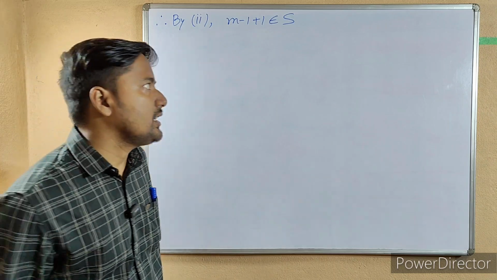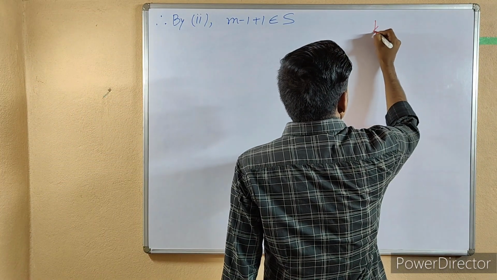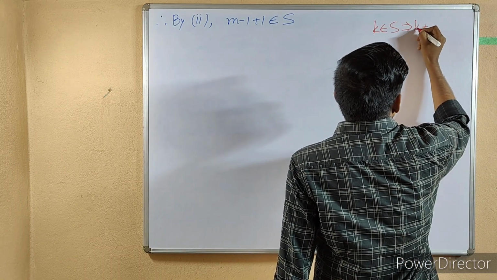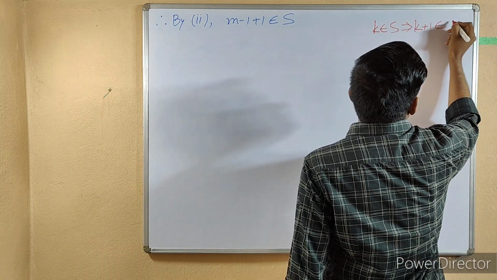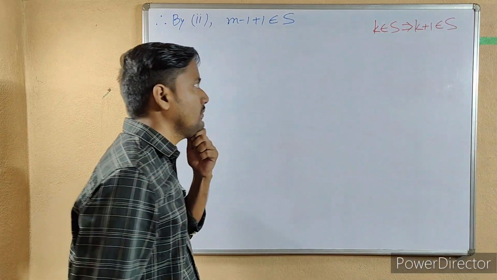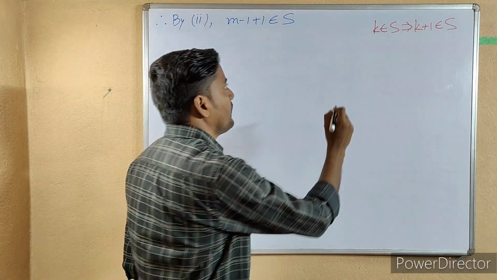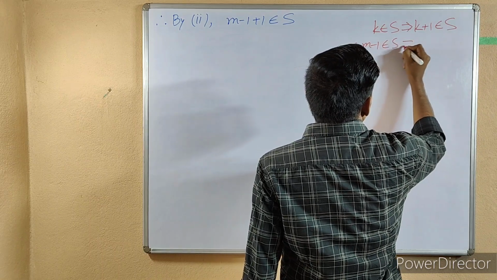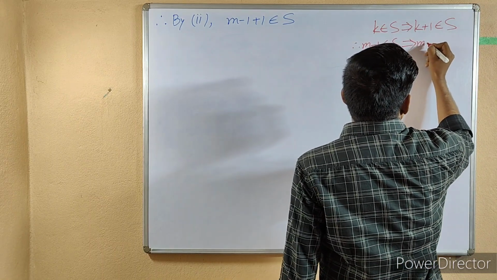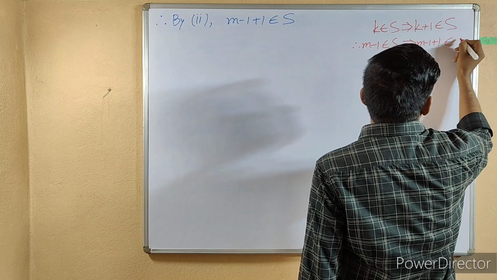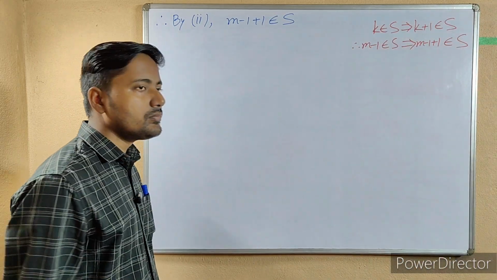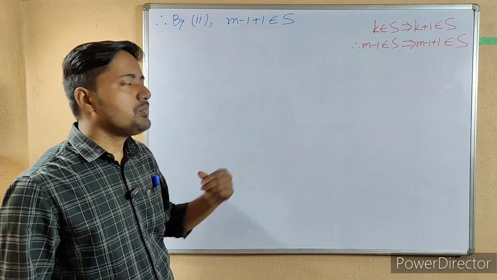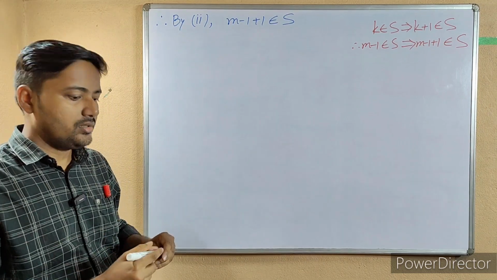From the second given condition, k belongs to S implies k plus 1 belongs to S. Therefore m minus 1 belongs to S implies m minus 1 plus 1 belongs to S. So we have m minus 1 plus 1 belongs to S.